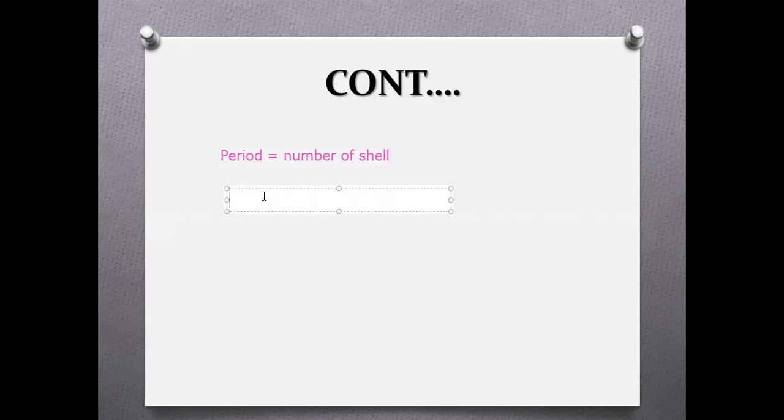If you say about the group, it explains the number of electrons available in your valency shell. Clearly, you can say the number of valency electrons. So according to that, the period resembles the number of shells, and the group resembles the number of valency electrons.